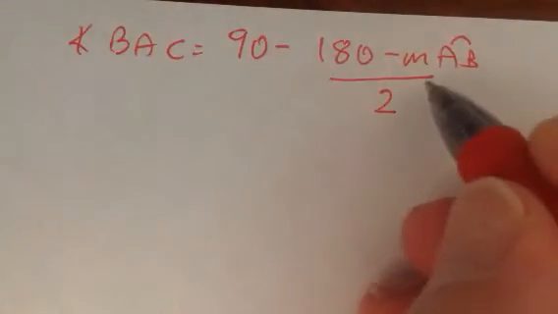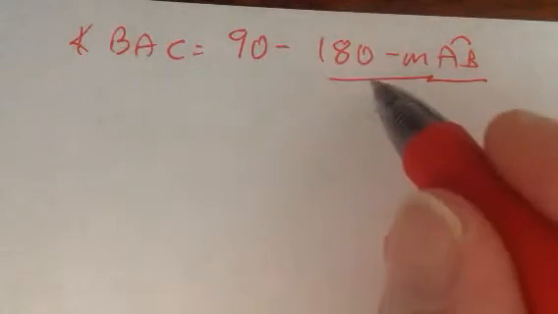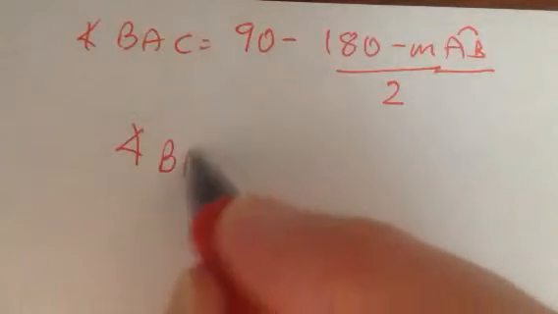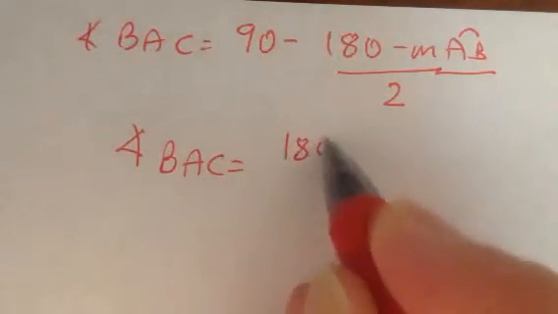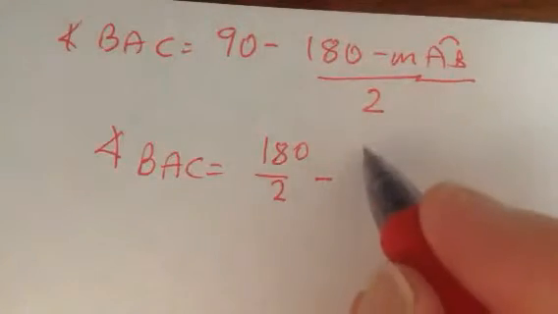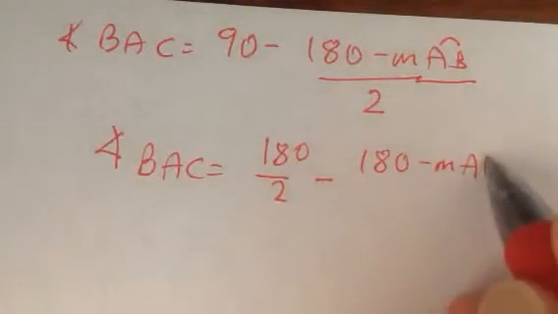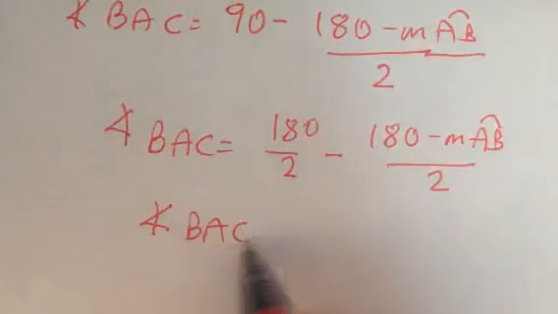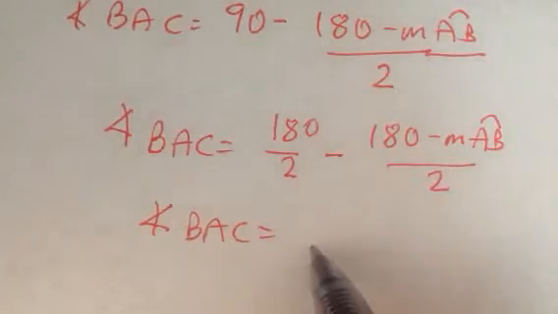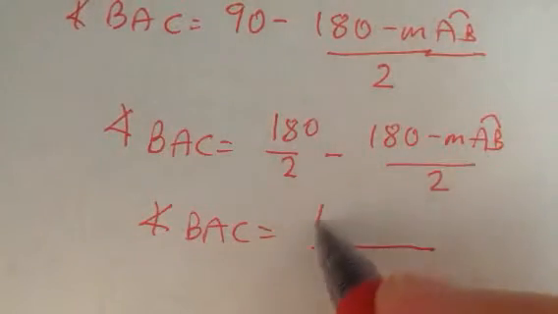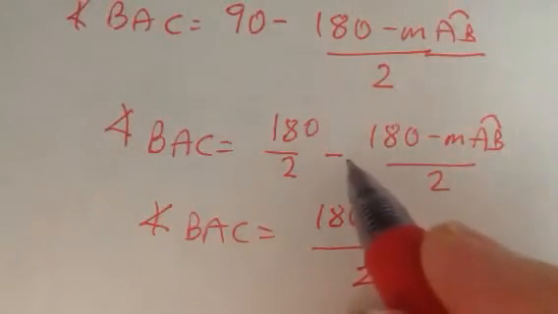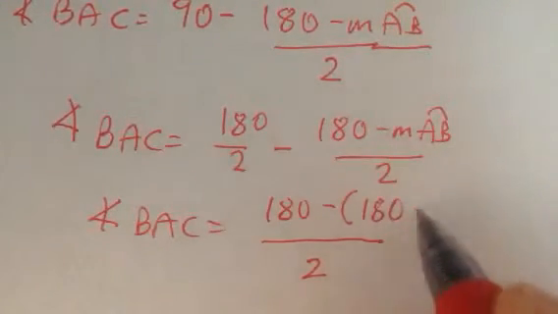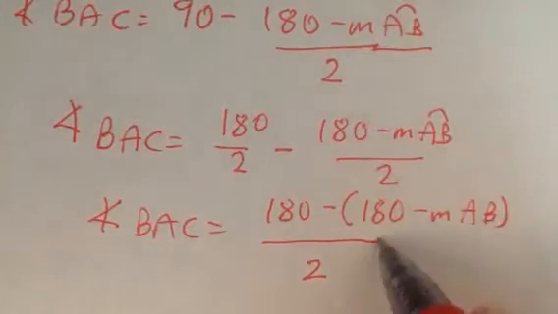90, we can get a common denominator for 90 and this term by multiplying 90 by 2 and then dividing it by 2. So we have angle BAC equals 180 divided by 2 minus 180 minus measure of arc AB over 2. We have one common denominator now, which is 2. We can subtract the numerators directly. We have 180, and then from 180 we are subtracting this term here, 180 minus measure of arc AB.